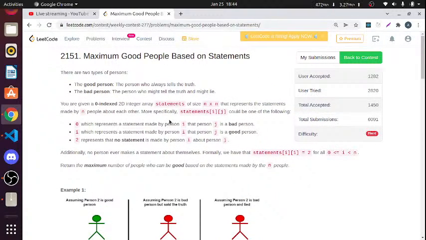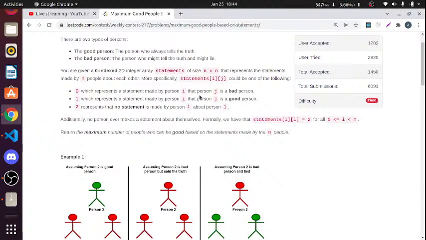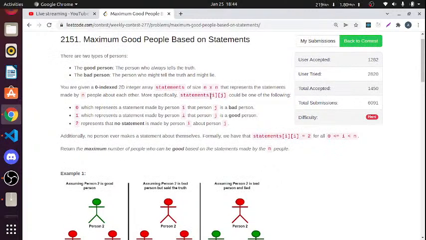Is it a celebrity problem? It looks like that. More specifically, statements[i][j] could be one of the following: 0, which represents a statement made by person i that person j is a bad person; 1, a good person; and 2, to represent that no statement is made by person i about person j.